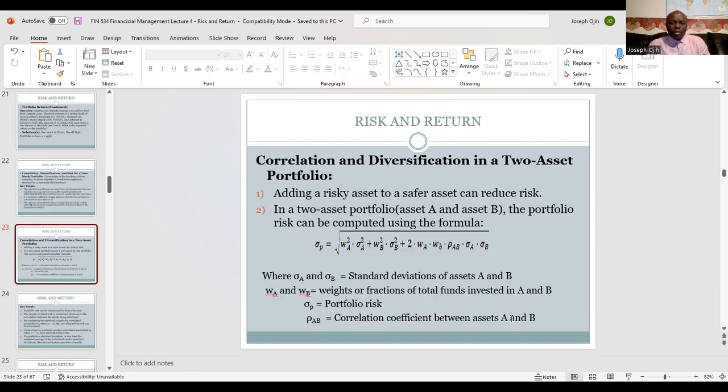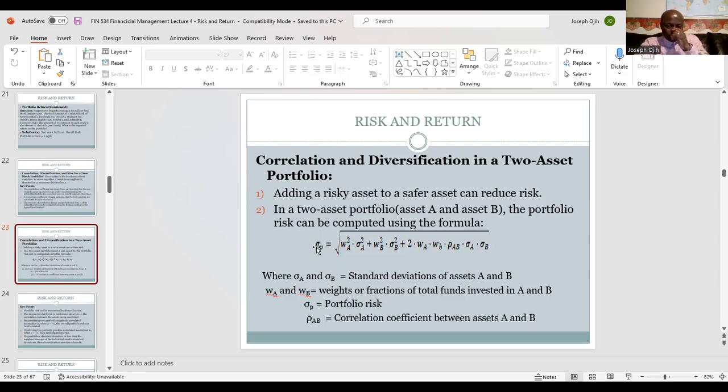So look at this. First look at the correlation and diversification in a two-asset portfolio. Adding a risky asset to a safer asset can reduce risk. So in a two-asset portfolio, the portfolio risk can be computed using this formula.